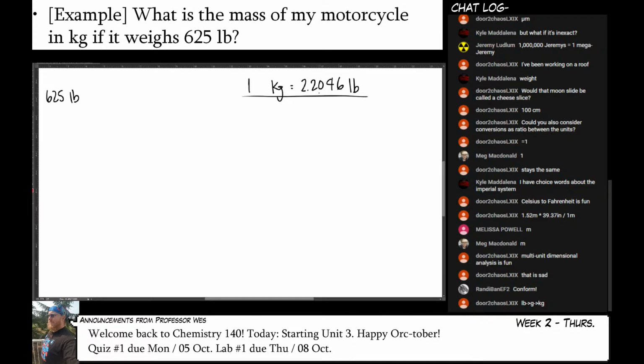So let's do the dimensional analysis. So I need to turn kilograms into... Oops, not kilograms, into pounds. Let me undo. I need to turn pounds into kilograms, which means that what unit goes on the bottom so that I can cancel it out with this one.